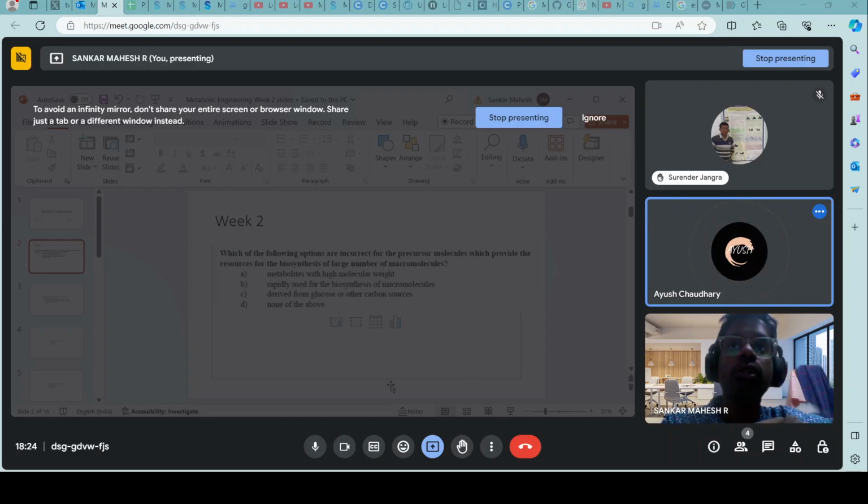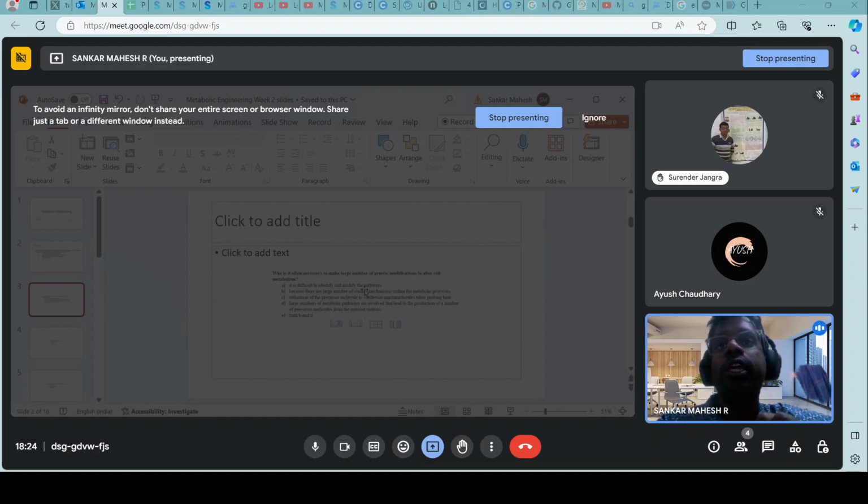Answer B or C are generally correct, because the precursor is generally derived from glucose and other carbon sources as it breaks down and forms smaller precursor molecules. Right. Like both of you had discussed, the answer is option A, because these precursor molecules have lower molecular weight. True.